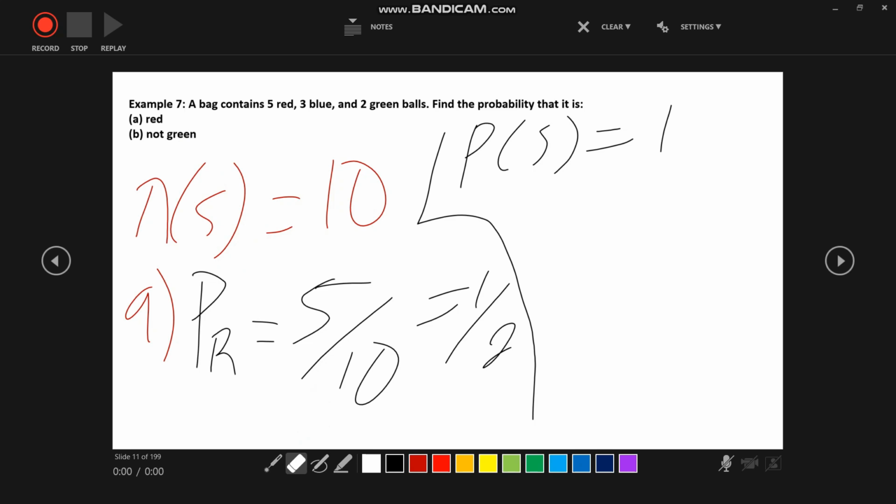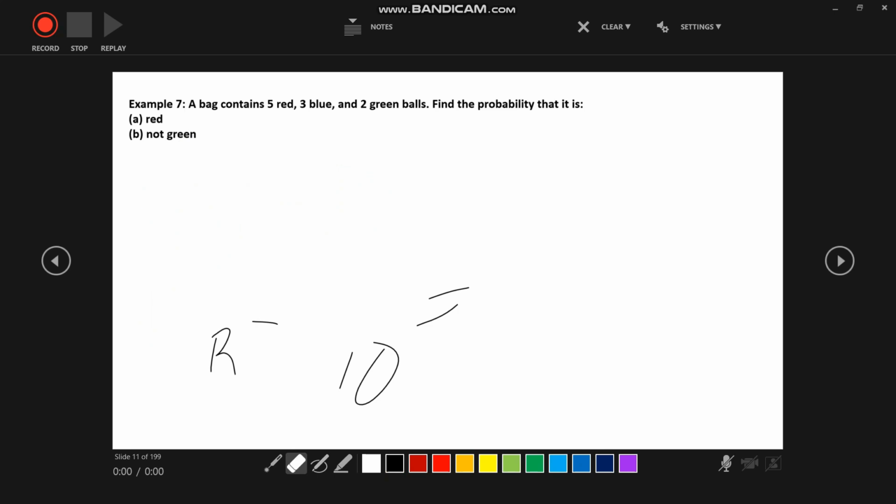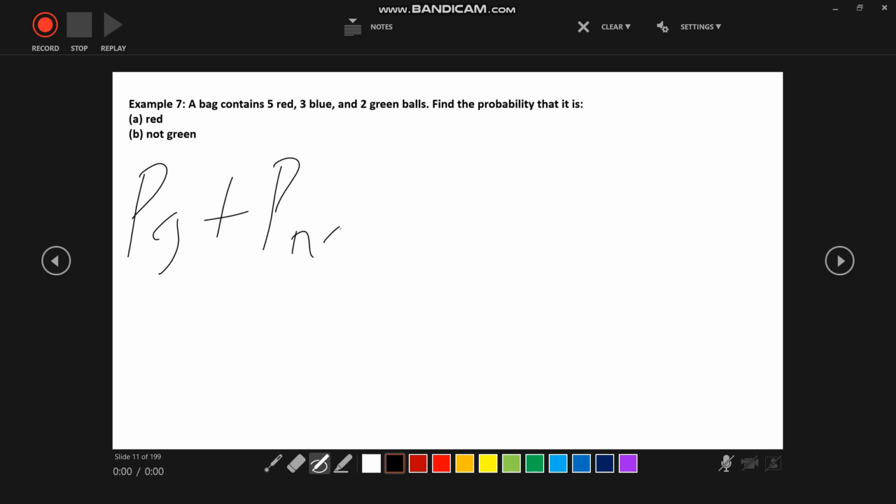So probability of green plus probability of not green will be equal to 1.